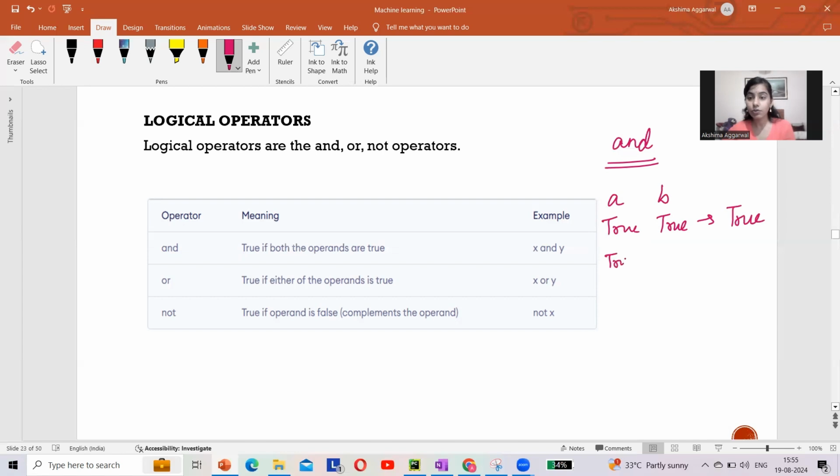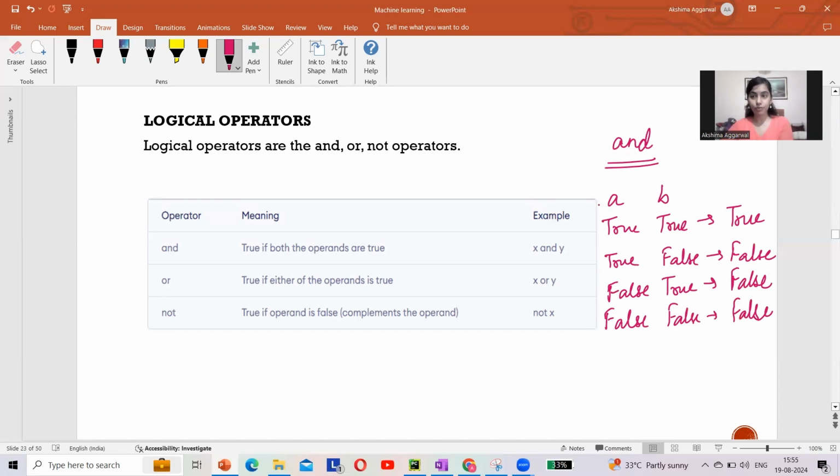If A is true and B is false, it gives you false. If A is false and B is true, it also gives you false. If both are false, it gives you false. True is given only when both A and B are true.